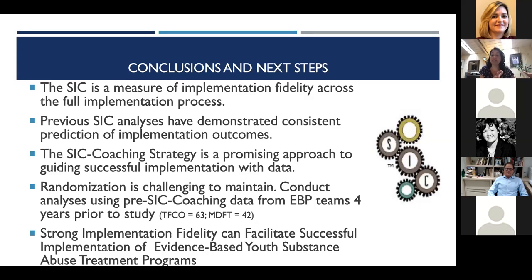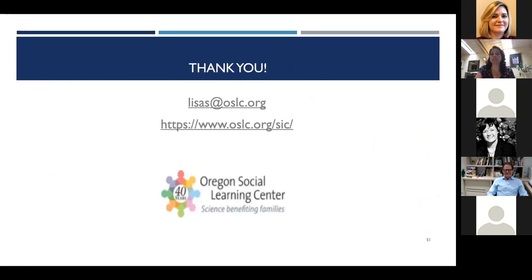So we'll be able to look at pre-SIG coaching and post-SIG coaching for all of these teams. And our preliminary looks look really good on that. And then my final conclusion is that strong implementation fidelity can indeed, hopefully, successfully help facilitate successful implementation of evidence-based youth substance treatment programs. So that is it.